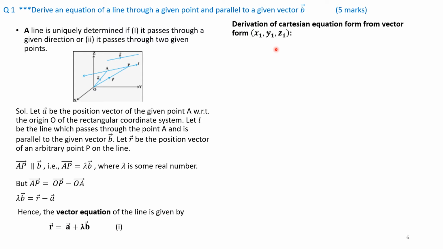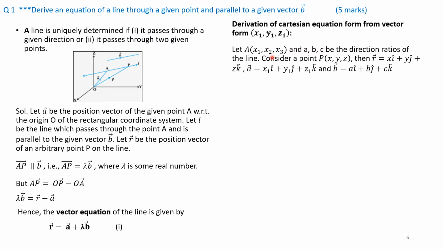Now we will derive this equation in Cartesian form. The Cartesian coordinates of A are x1, y1, z1. Let a, b, c be the direction ratios of the line. Consider a point P with coordinates x, y, z.